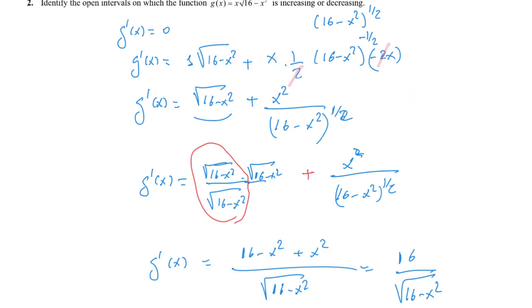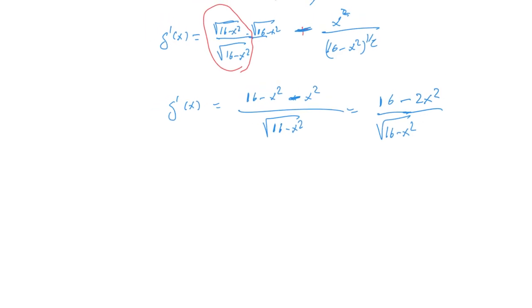But sorry, because here there is a minus sign, so it will affect this. So here is minus, and now the result will be 60 minus 2x squared divided by a square root of 60 minus x squared.